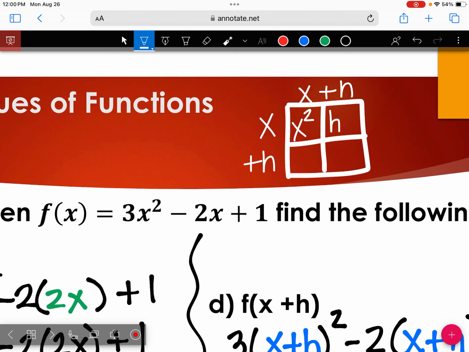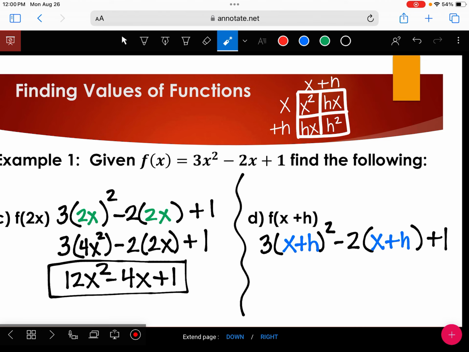You would have x squared, hx, hx, and h squared. These are like terms. What do you think you get when you add these together? 2hx, yeah, because you have two hx's.